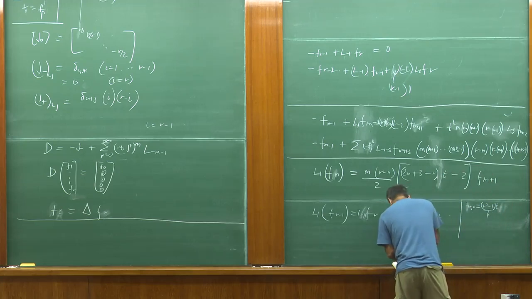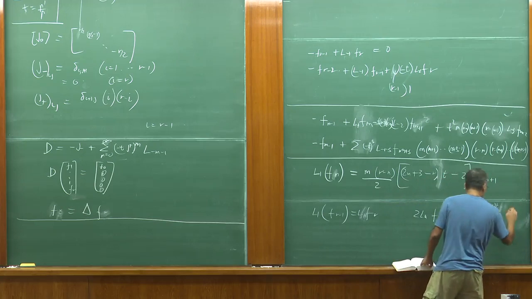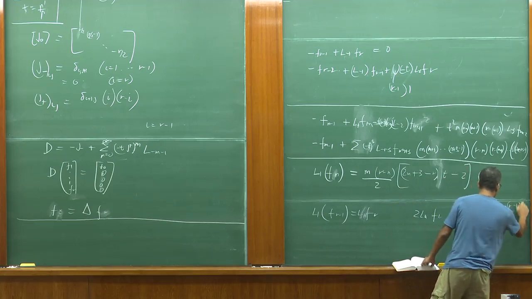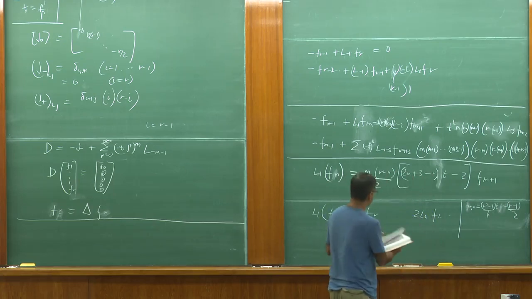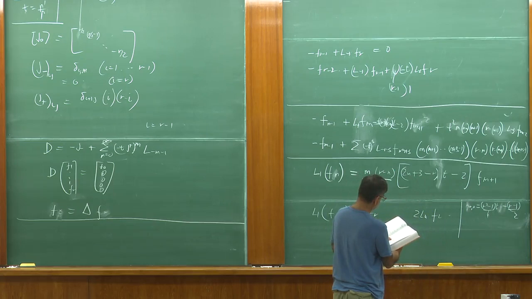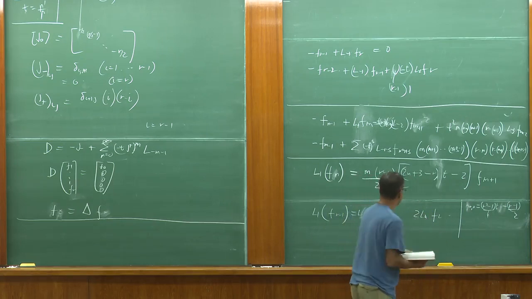Okay, it's not so complicated. Plus rs minus (r minus 1) by 2.